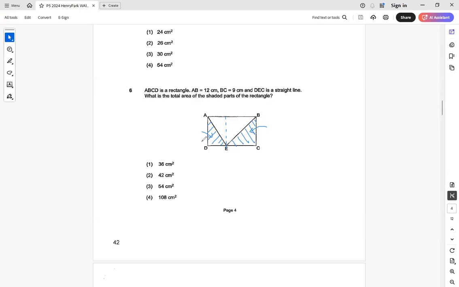Okay, so overall, the two shaded triangles will be half of the entire rectangle. Okay, so let me write now. Area of the shaded triangles is equals to half of the entire rectangle. Okay?